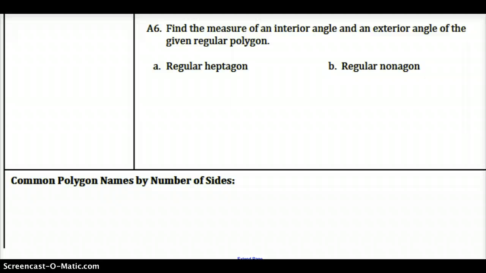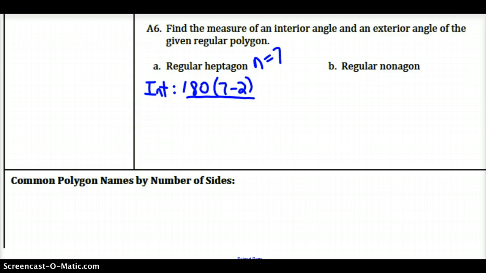Problem A6 here, regular heptagon. Heptagon, we have to remember, is 7 sides. I need to find the interior angle measure, so 180 times the number of sides minus 2, divided by 7 angles, will give me 128.6 degrees. For my exterior angle for this regular polygon, remember, regular polygon, all sides are the same, all angles are the same.